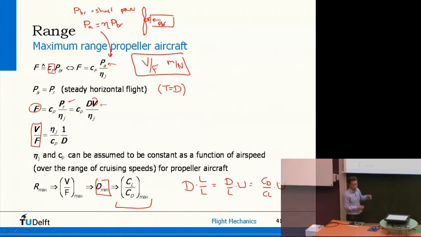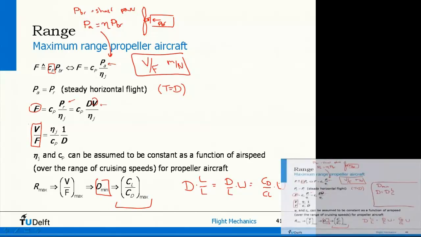And the derivation was treated last time, but it's fairly easy to understand. Let's start over here. So we want to have minimum drag, and we can say drag is drag times lift over lift.